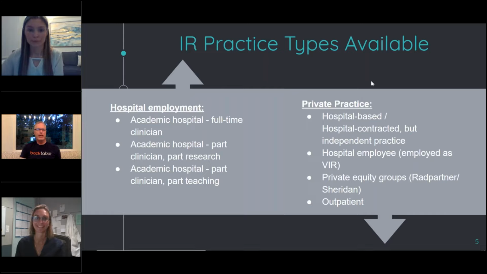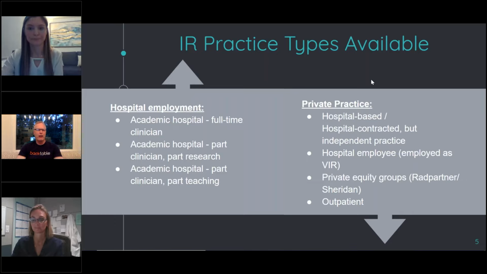Go ahead, Lipman. I've probably practiced in every one of these except I've not been a hospital employee. I think the academic versus private distinction is an important one to decide. You have to do some self-awareness. What's your why?